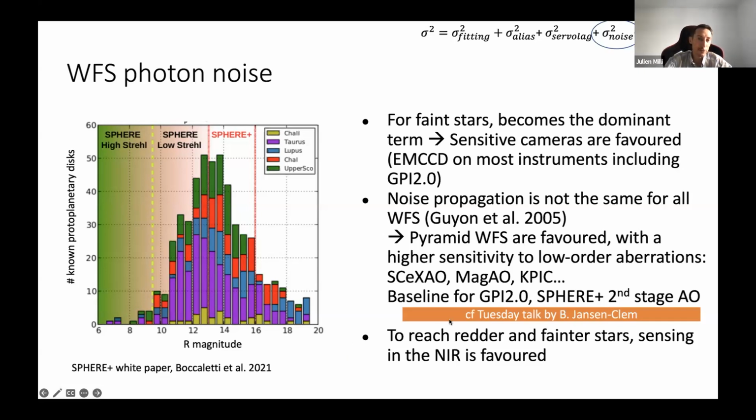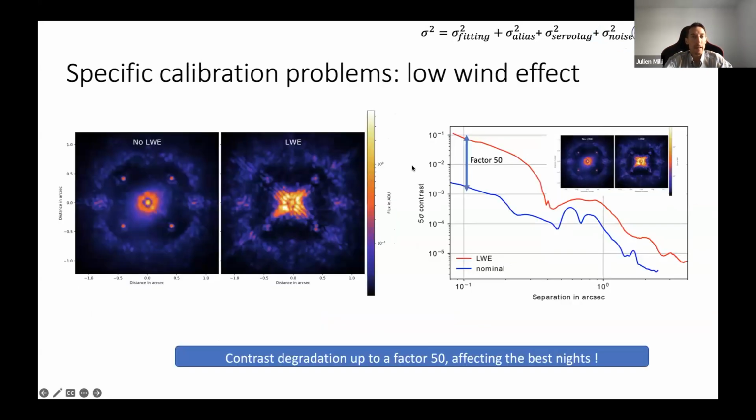And as you can see on the graph on the left, most of the young associations where we would be interested in looking for exoplanets or disks are around 12 to 16 magnitude in the R band. So we really need to push to go to fainter stars and redder stars if we want to reach those targets.